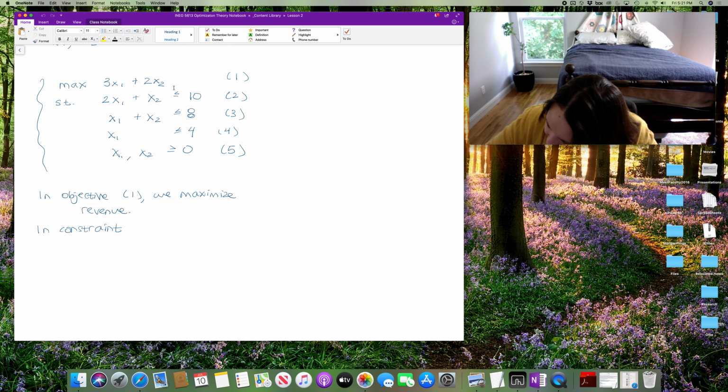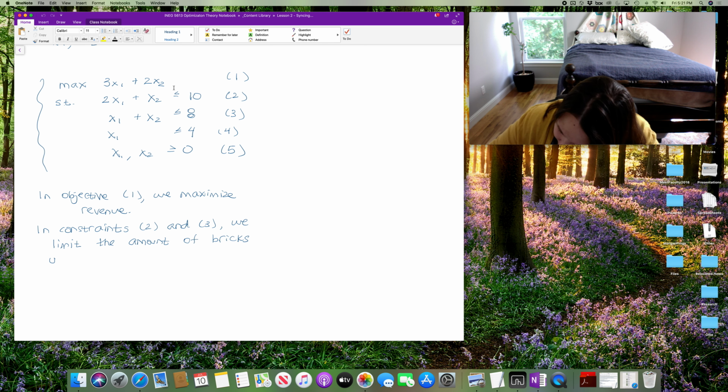So I'm going to say in constraints 2 and 3, we limit the amount of, I'll just generalize, bricks used by the number of bricks available.